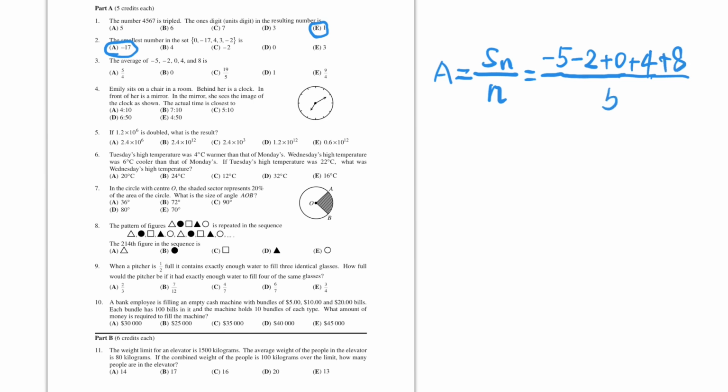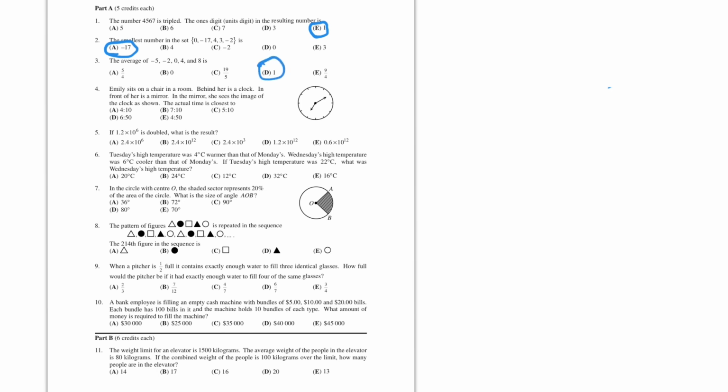Number of numbers is the 5. That's equal to 5 over 5. That's the 1. So the answer is D.